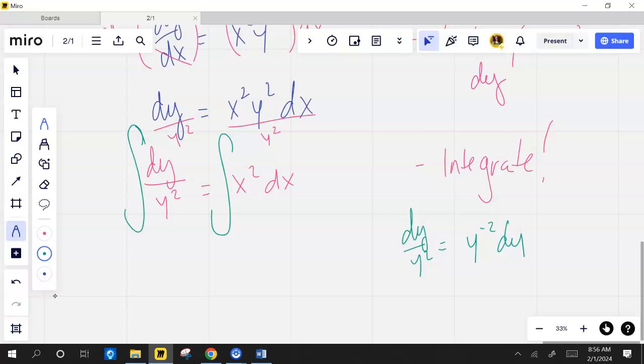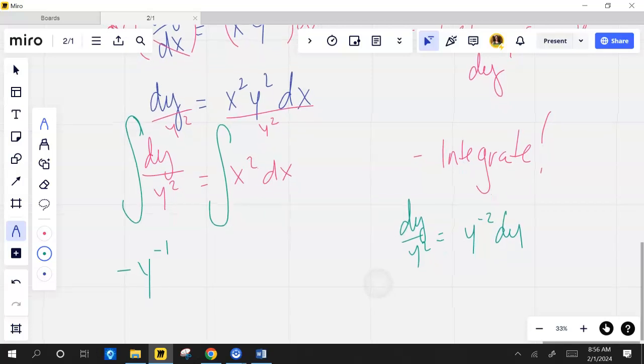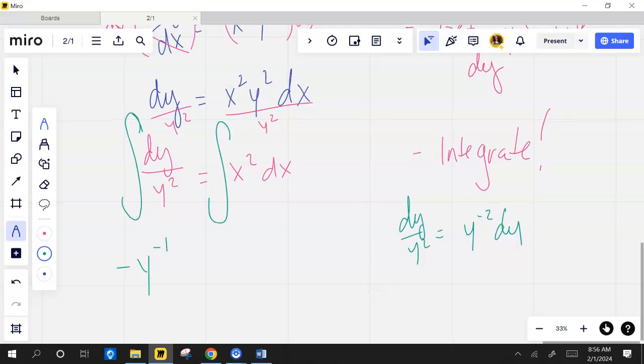Dy over y squared is the same thing as y to the negative 2 times dy. If you add 1, you get negative 1, right? Negative 1. So negative y.